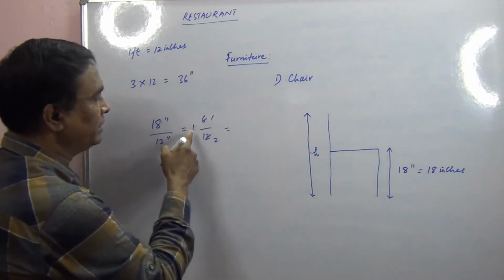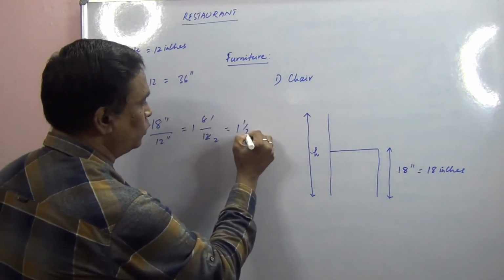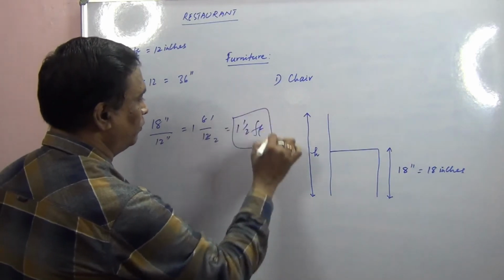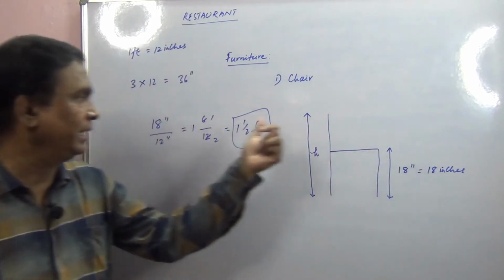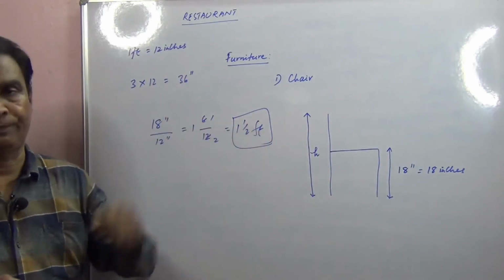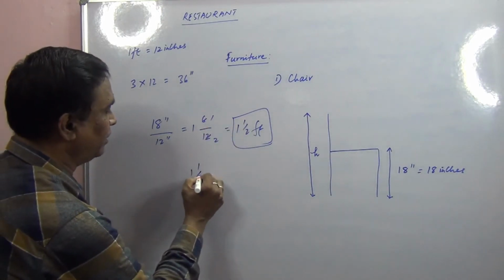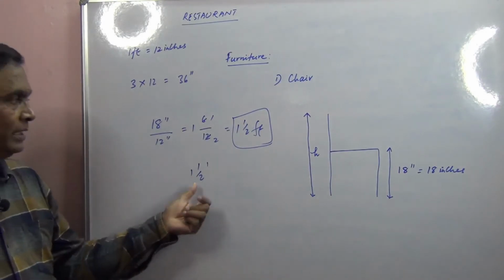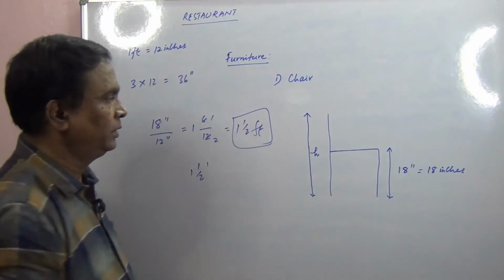So the final answer is 1 by 2, that is feet. So you can say 18 inches is equivalent to 1.5 feet. And this also can be written in feet as 1.5 feet. So this is equivalent to this one. So you can also write it here like this.